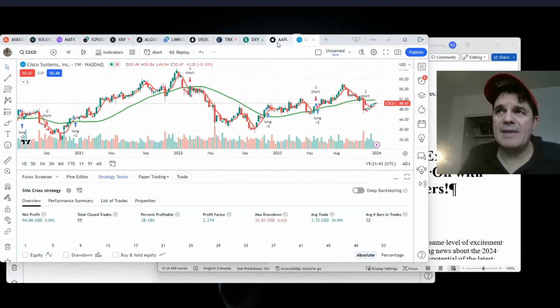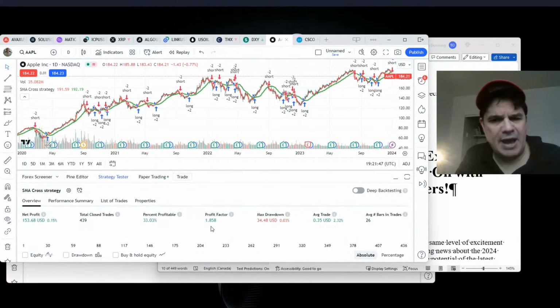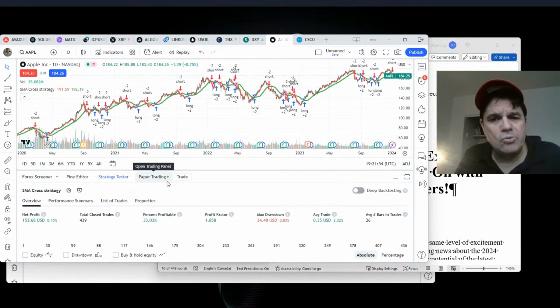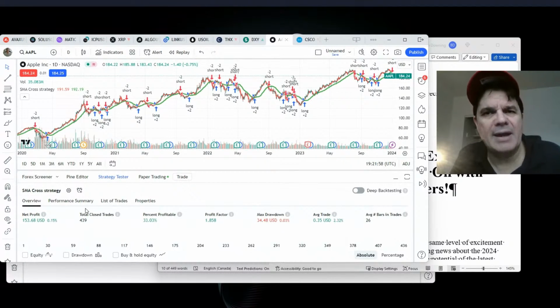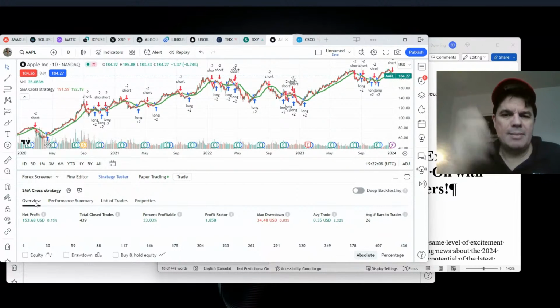So if I go back to Apple here, and let's say I go with the 1.8 factor, I'm happy with it. I'm going to trade on a daily. Awesome. Okay. So now these are the factors you look for from a profit factor perspective. Okay, you can also load in other strategies that may get you a better return, but it depends upon the market regime.